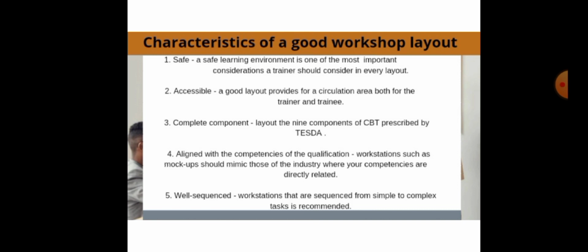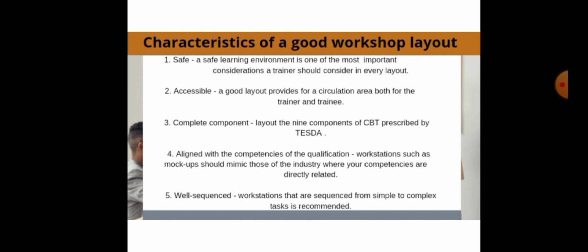The third one, complete component. Lay out the 9 components of CBT prescribed by TESDA depending on the functionality of the components in your qualification. So lay out related components next to each other. Example, learning resource area, contextual area, and distance learning area.